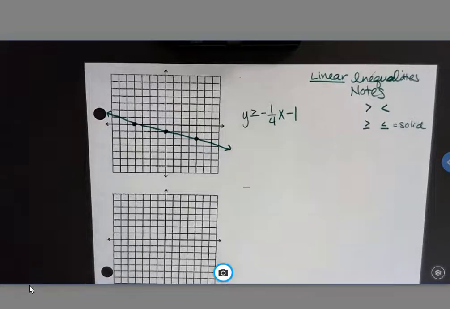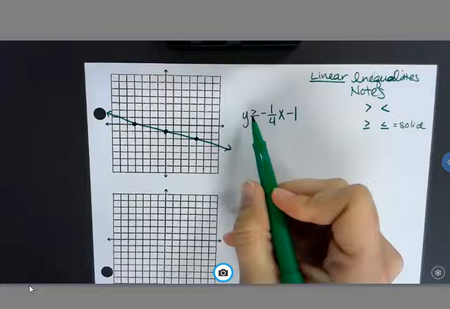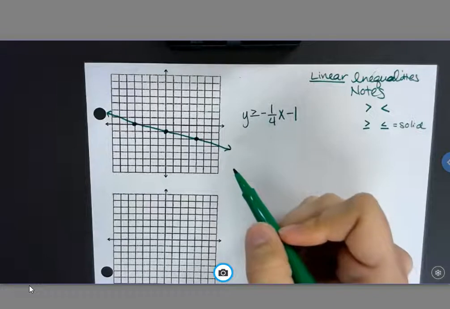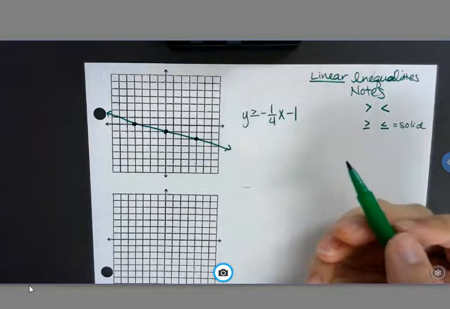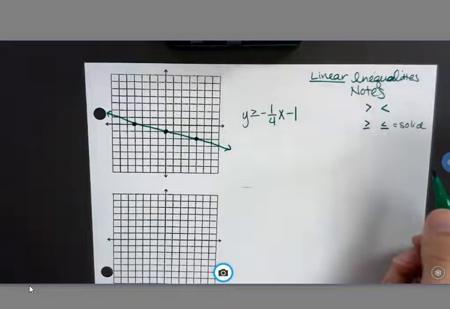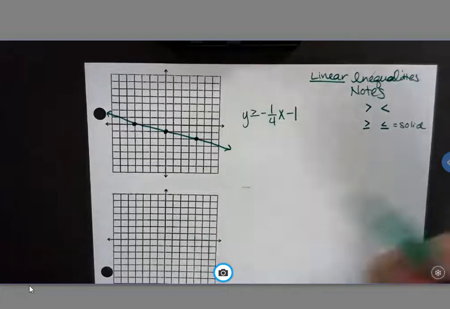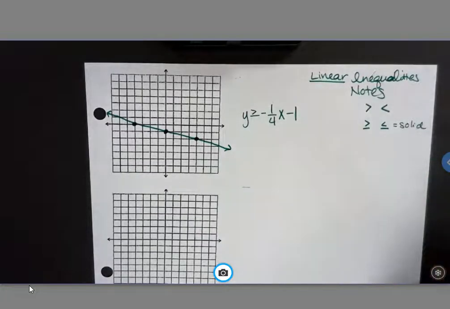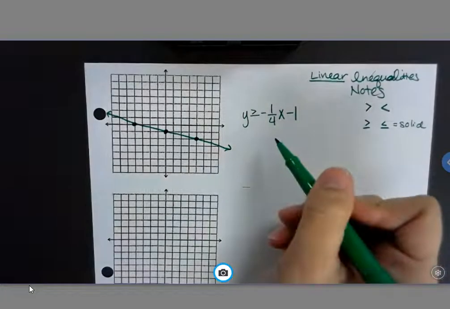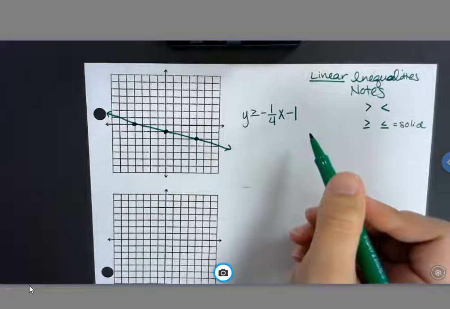Now the difference here is because it's greater than, we could have a variety of possibilities. Remember, whenever we would solve inequalities, we would have to graph on the number line because it wasn't just x equals 2 or x equals 5. We had to show on that graph all of the possible solutions. The same thing applies for linear inequalities.